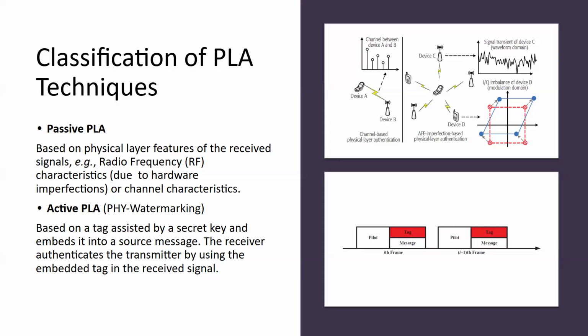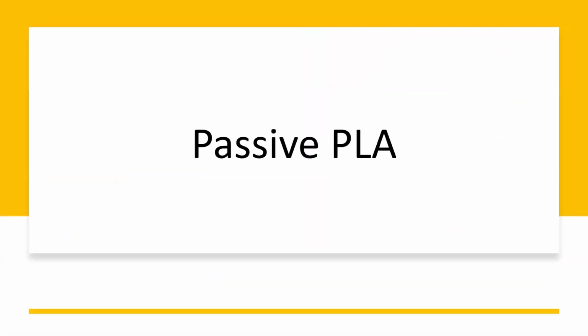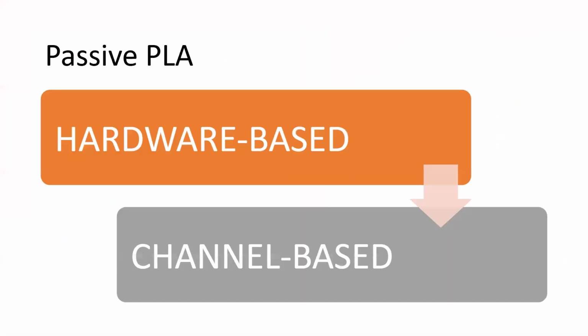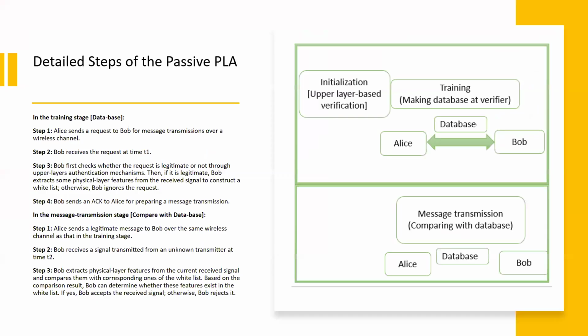So we are starting with passive physical layer authentication, dividing it into hardware-based and channel-based. And here we will explain, step by step, how physical layer authentication based on channel characteristics can be executed.